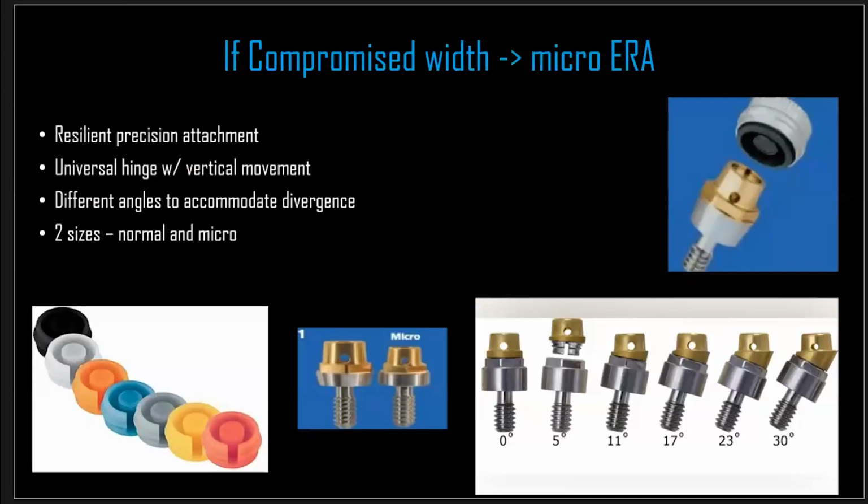ERAs come in a couple different sizes. They have the traditional ERA, they have a partial denture ERA, and then they have a micro ERA. This is what I've used in cases where I just don't have the adequate horizontal space. So this is something that you can gain a little bit of space with if needed for the horizontal. It'll function like a locator. It just won't give you as much retention.